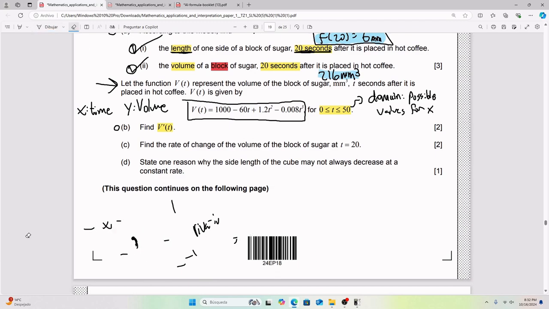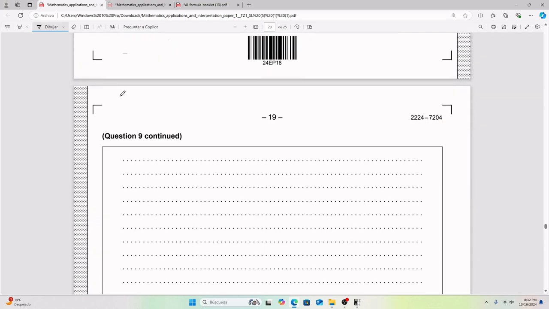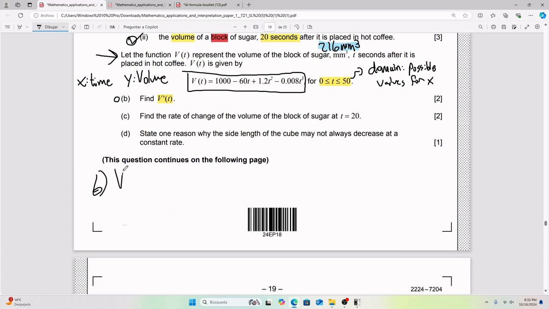All right, coming back to reality, for part B, you need to find the derivative of this whole thing, and we gotta go piece by piece. So if I do the derivative, actually, yeah, let me write it here. v of t is 1000 minus 60t plus 1.2t squared minus 0.008t to the power of 3, right?